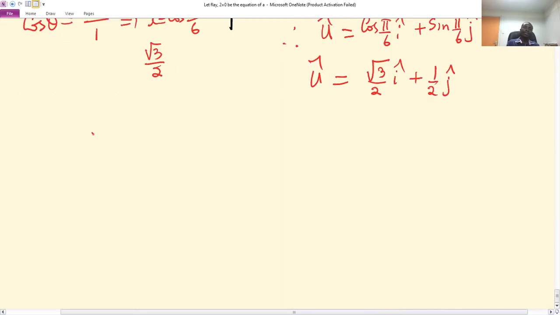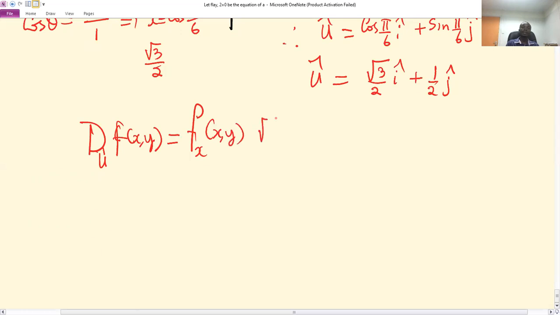So the directional derivative of the function f in the direction of u is given by f_x of (x, y) times a, and a in this case is root 3 over 2, plus f_y of (x, y) times a half.